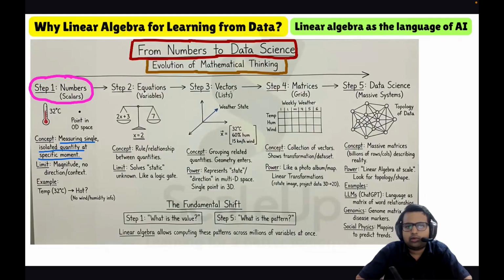Now, the limitation of this approach is that a single isolated quantity, a number, has a magnitude but no direction or context. It is a point in a zero dimensional space, because single isolated numbers represent just the magnitude, no direction or context.